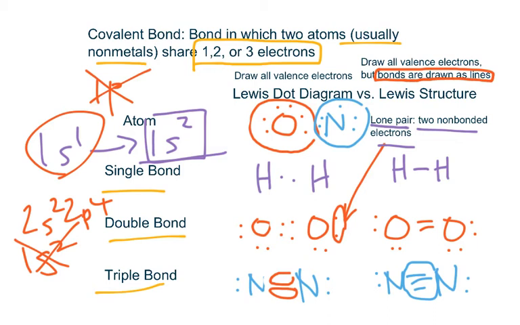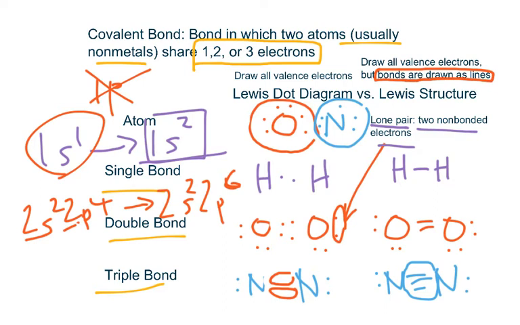And remember, valence electrons involve the electrons that have the highest principal energy level, and in this case, the highest principal energy level for oxygen will be 2. And oxygen wants a full octet. In other words, it wants a full valence electron shell, so it wants this to become 2s2, 2p6. So it needs to add 2 electrons.